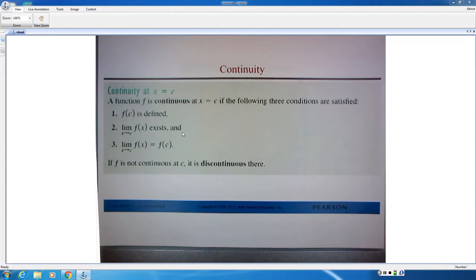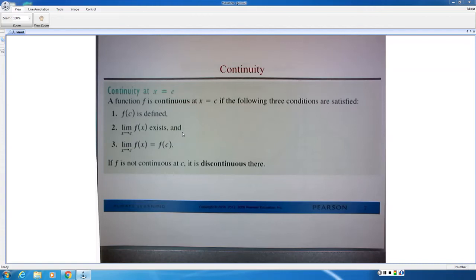The second step is that the limit as x approaches that number C also has to exist. And we know from the last chapter the only way that limit can exist is if you approach C from the left and you approach C from the right, and they come together at a single value.